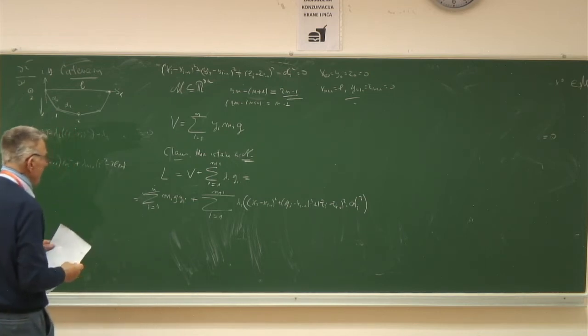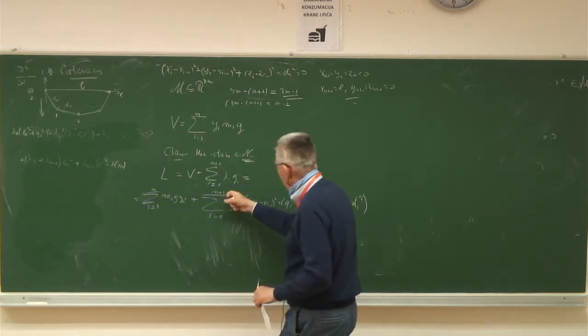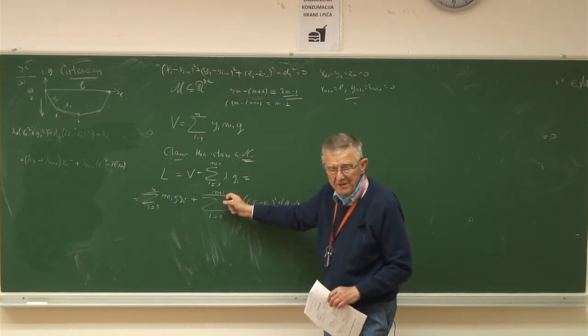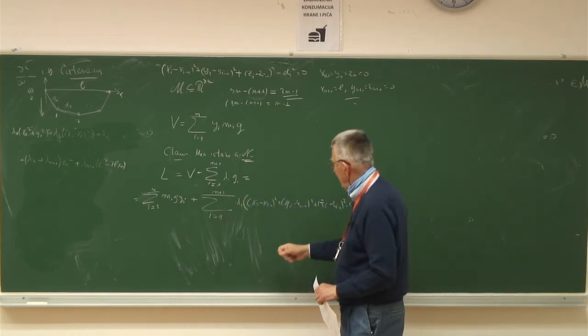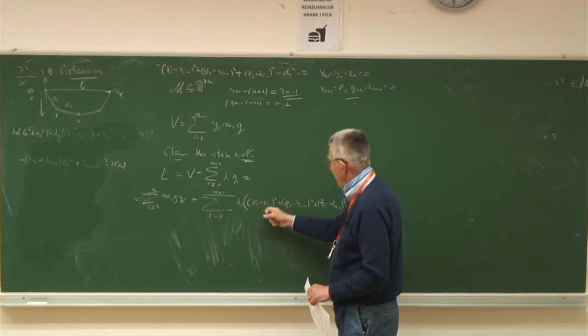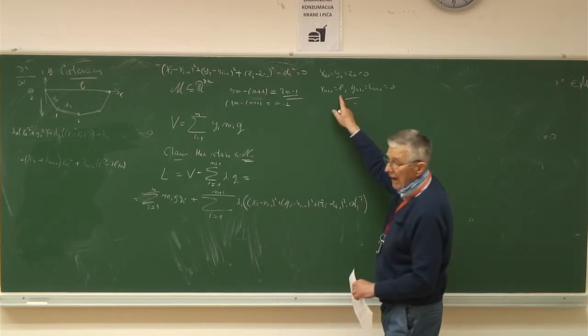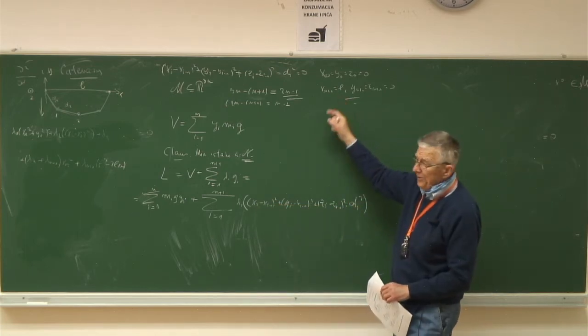You see, when you take the last term of this inequality, then you will have here xn plus 1, and xn plus 1 is equal to L. So there is some rest.